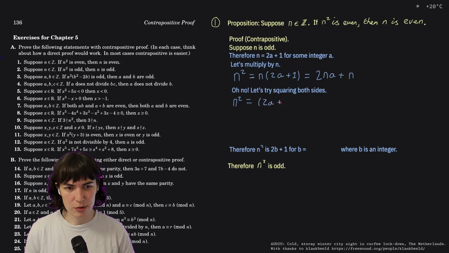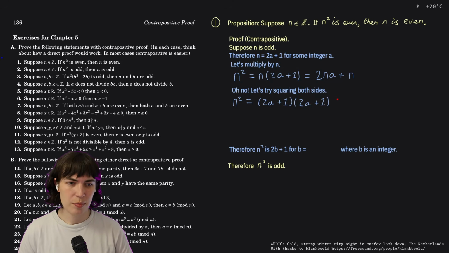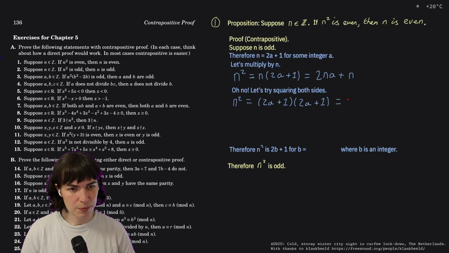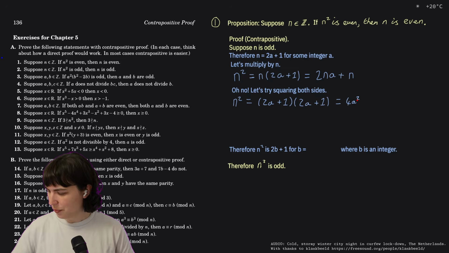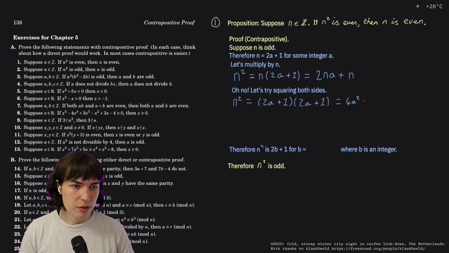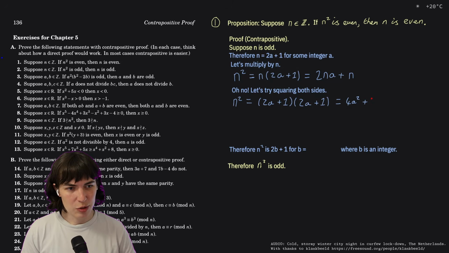If I did that, and then I did 2a plus 1. Now let me just expand this because I'm going to need to work it out anyway. Let's say we did that, and then we expanded that, and we got 2a by 2a is 4a squared. Then we have 2a plus 2a, so that's 4a, plus 1.